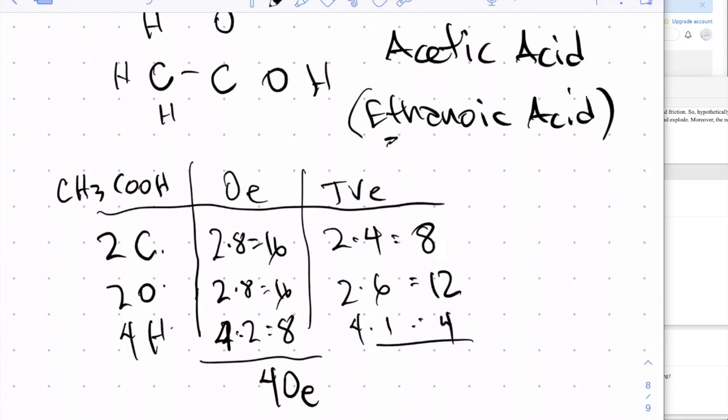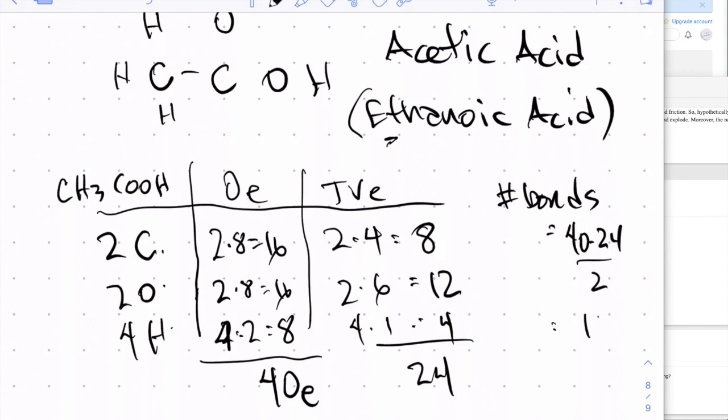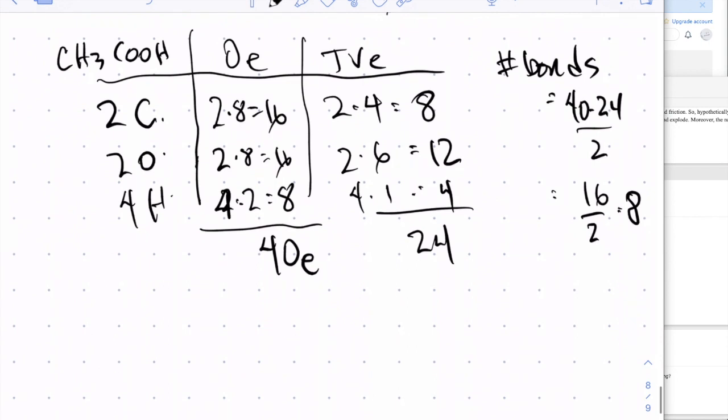So if we add this all up, what we have is 24. So the number of bonds is equal to 40 minus 24. That's going to be a total of 16 divided by 2. That's going to be a total of 8. 8 bonds in the structure.